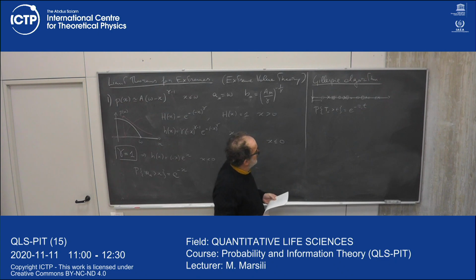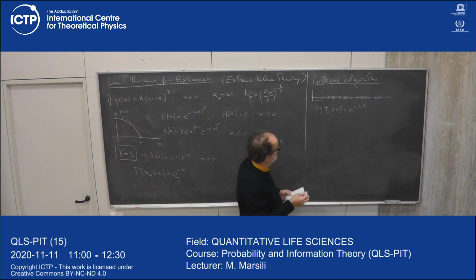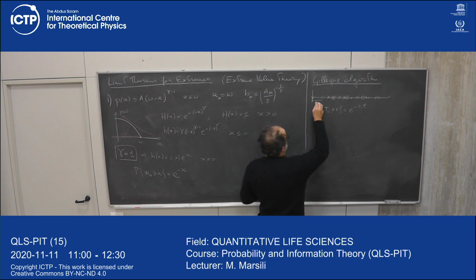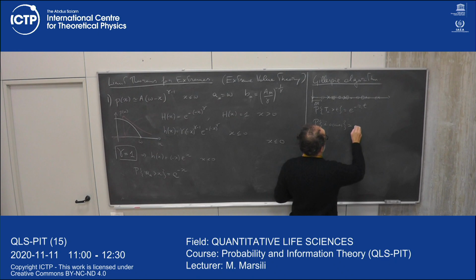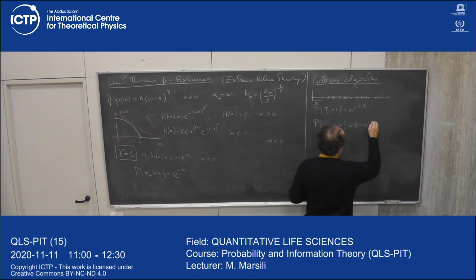So one simple way of simulating this process is to say, well, let's fix a small time dt, and then the probability that process i occurs for small dt will be equal to r_i times dt, or if you want to be more precise, the probability that it occurs is 1 minus e to the minus r_i times dt.